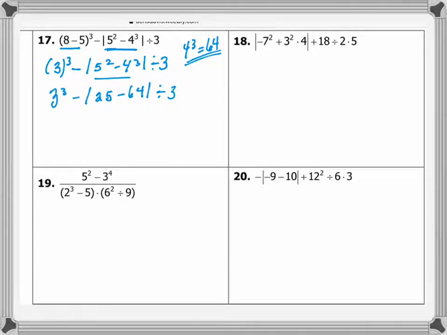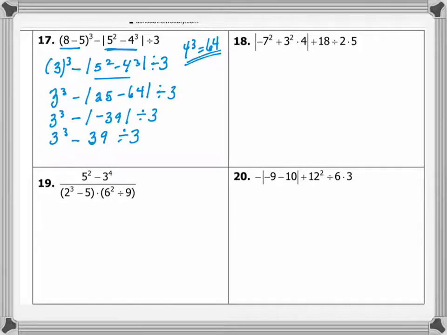Now, I still have a grouping, which is the absolute value. So 3 cubed minus, and inside this grouping is 25 minus 64, which would be negative 39, divided by 3. All right, so then it would be 3 cubed minus, and the absolute value of negative 39 would be positive 39, so I would just say minus 39 divided by 3.